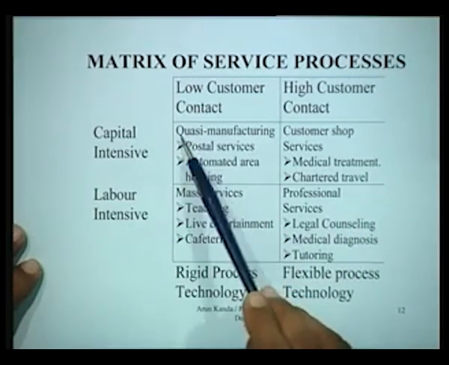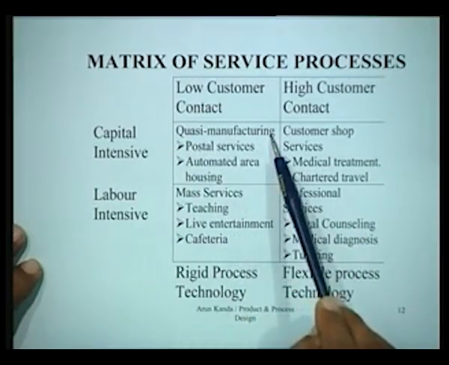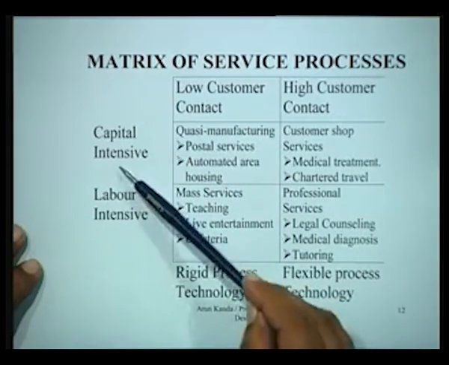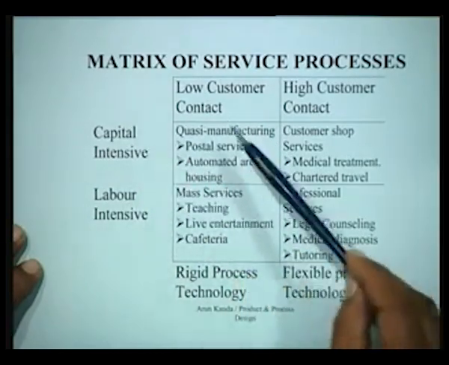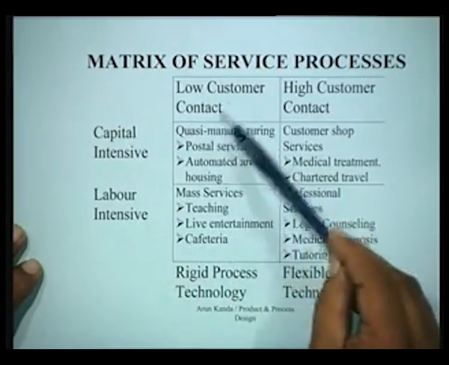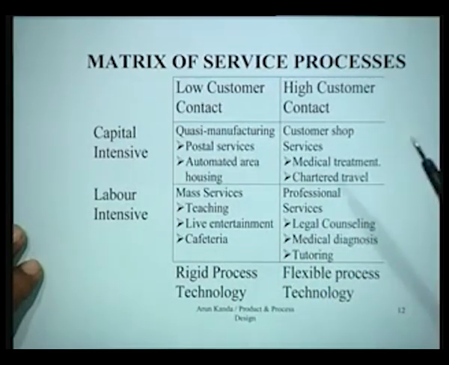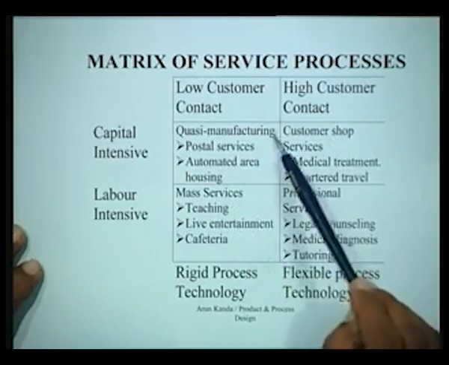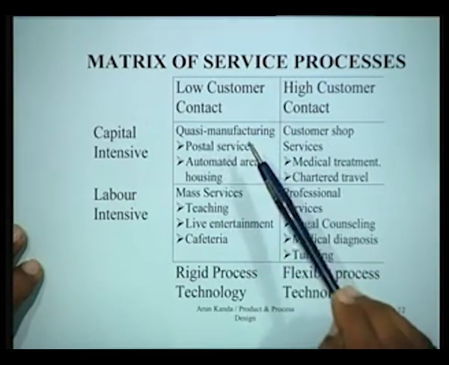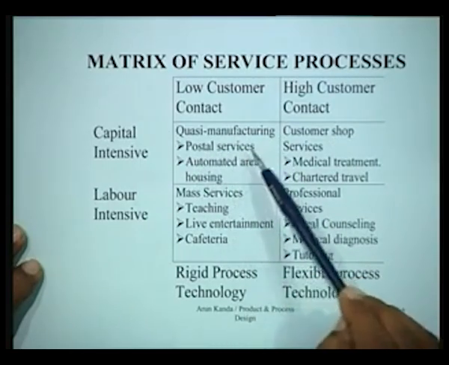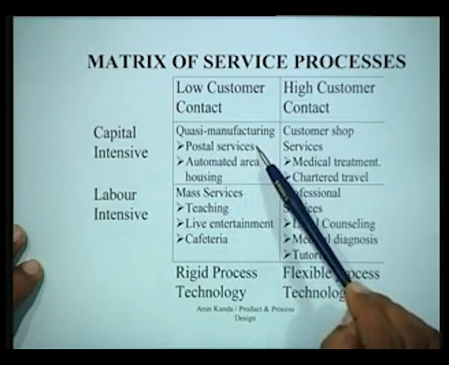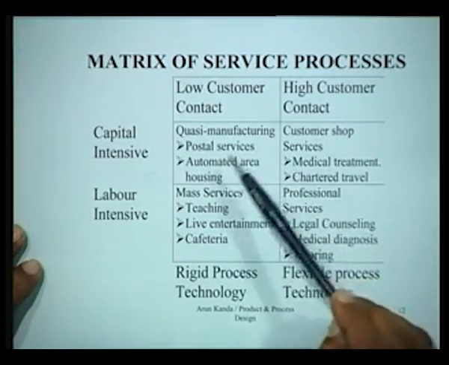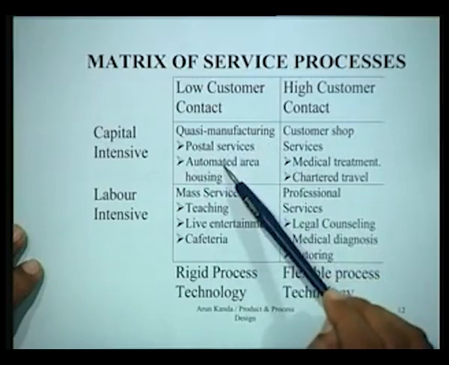When you are talking about quasi manufacturing, you are essentially talking about something which is capital intensive and where there is relatively low customer contact. So this is something like manufacturing, and examples are typically postal services or even banking services, which are very similar to postal services, such as automated clearing houses.